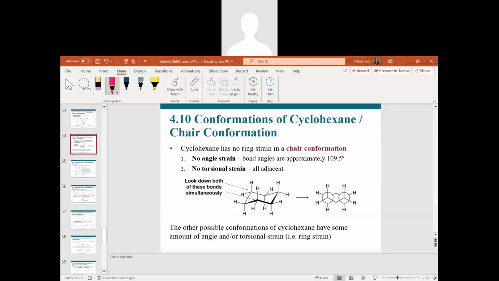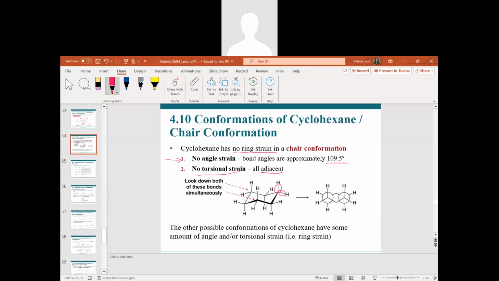So why is the chair conformation so stable? Well, it really has not much ring strain overall. There's no real angle strain because all of our bond angles are very close to that ideal 109.5. And there's not much torsional strain, because if we look at this bond and this bond here, for example, they're adjacent.